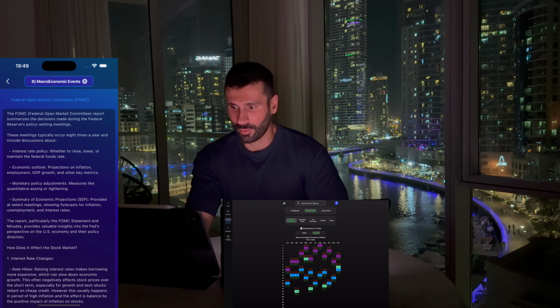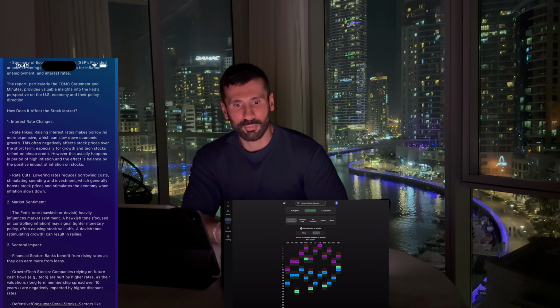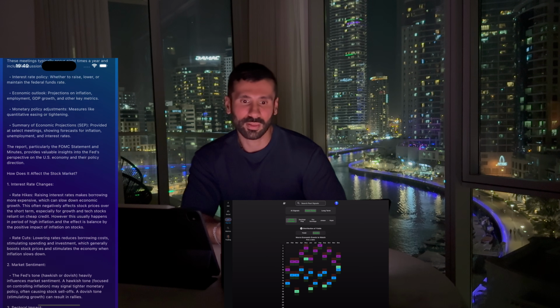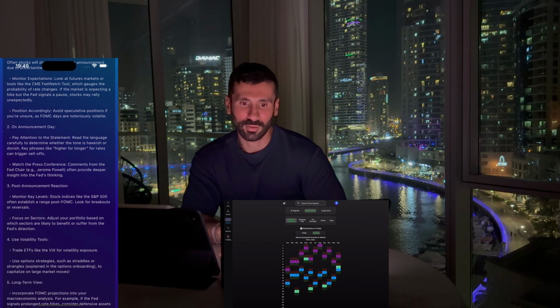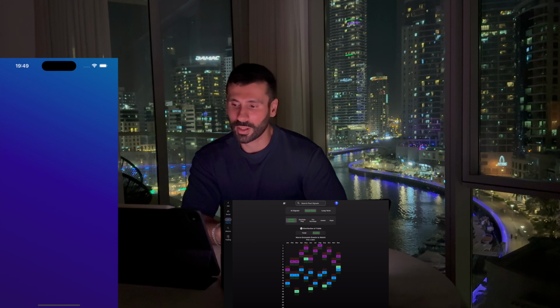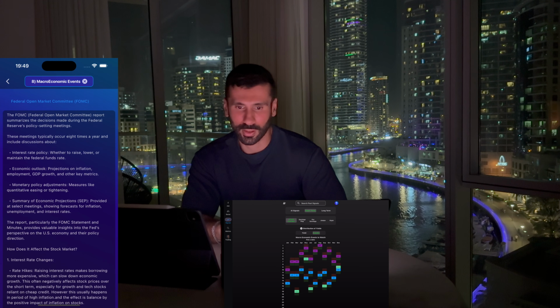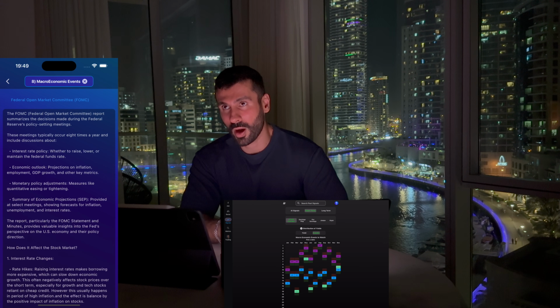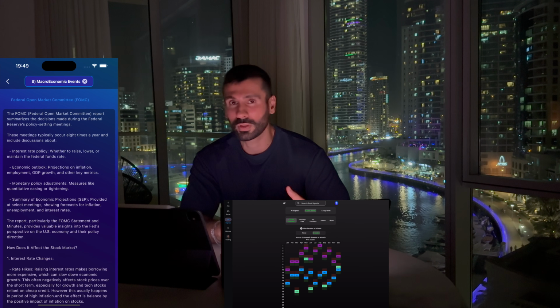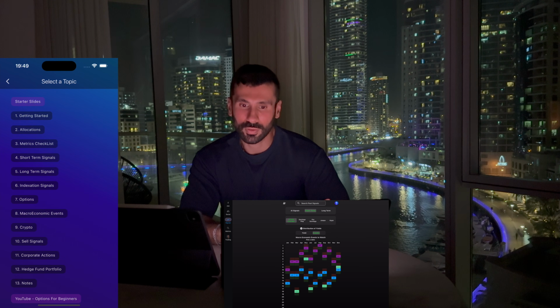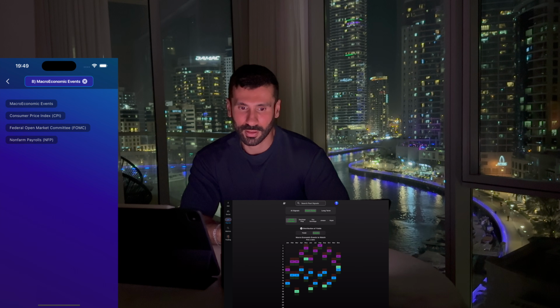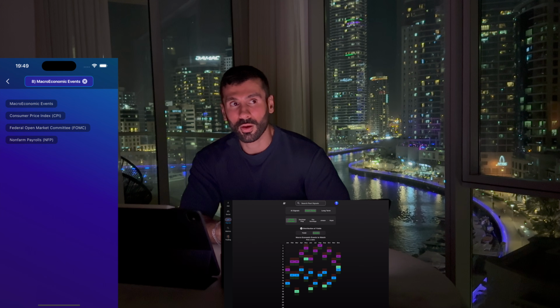So the Fed meetings, I think now everyone knows, but basically the Fed talks about interest rates, all kinds of things that are related to the economy. They also dictate how they think about inflation, etc. They look at the CPI first, then they look at all the other economic factors like unemployment.